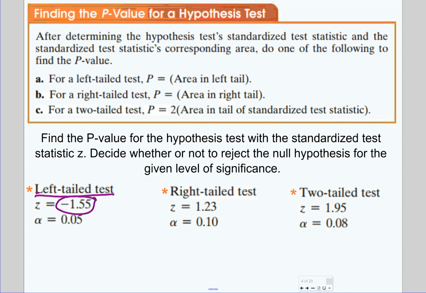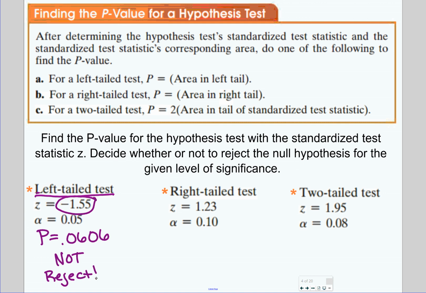You're going to get a p-value of 0.0606. Okay, and that's it. You have no extra calculations to do. All right, compare that to the alpha. The alpha is 0.05. Would we reject or not reject? P is greater than alpha here. So you do not reject.